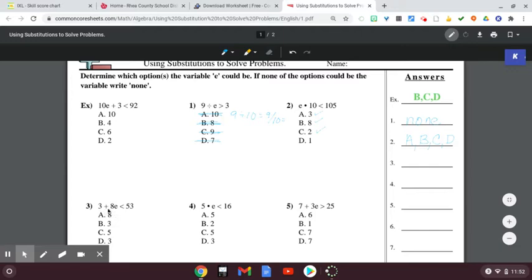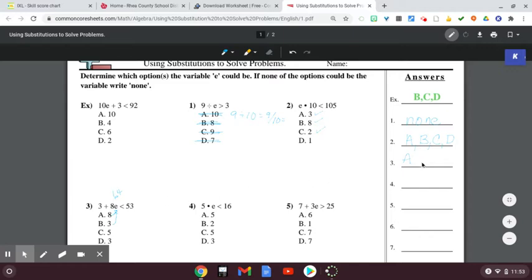Number 3, 3 plus 8e less than 53. So let's see, if we put 8 into here, 8 times 8 is 64 plus 3. Yeah, that's not going to be less than 53. So A would definitely not work. Let's see, 24, if we put 3 in here, that's 24 plus 3.